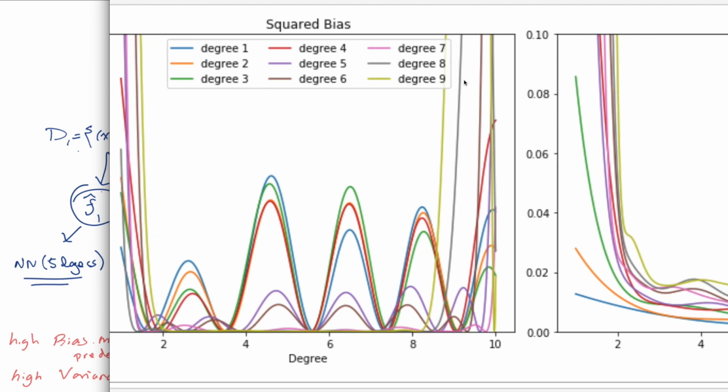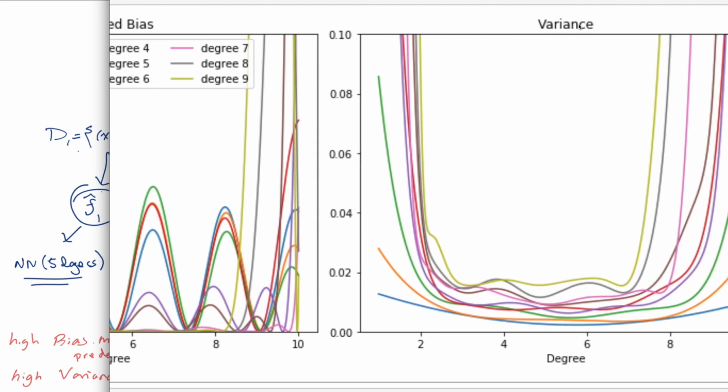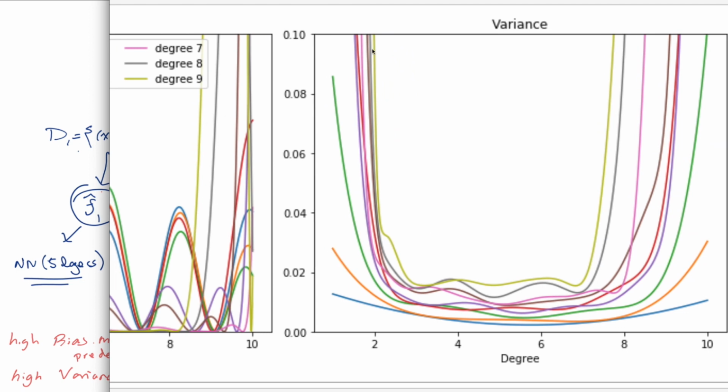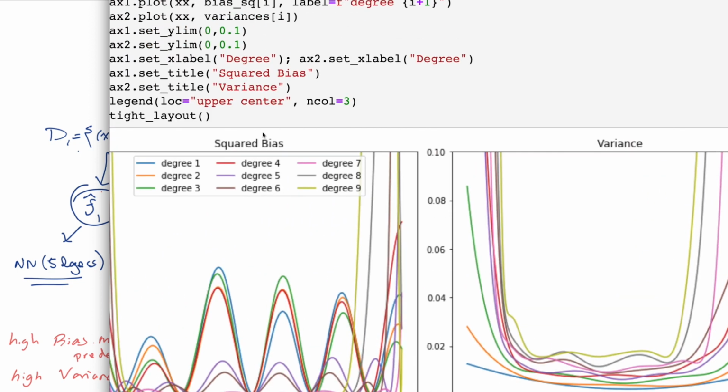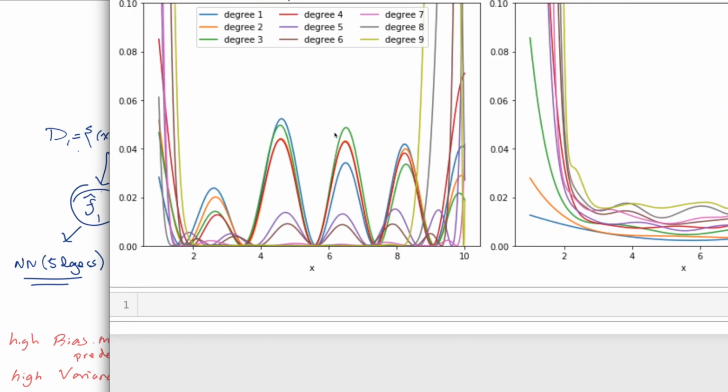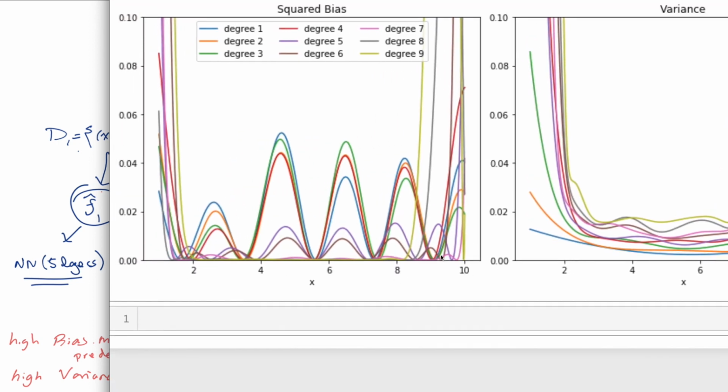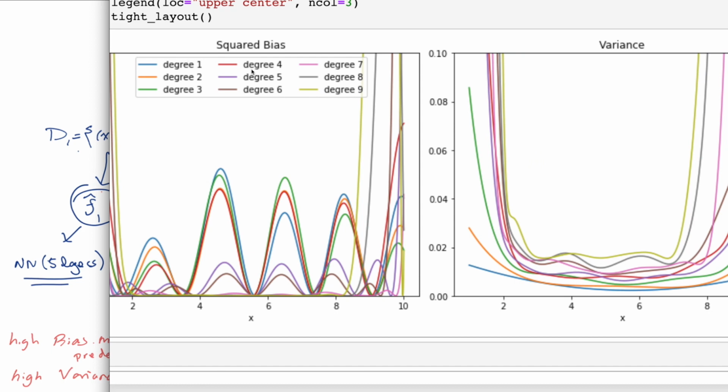Okay. In contrast, when you look at the variance, so this is the plot. By the way, this is the plot of the variance against the degree. Sorry, this shouldn't be degree. This should be against the x values. My mistake. So this is the x values from 1 to 10, and each of the curves is the degree.